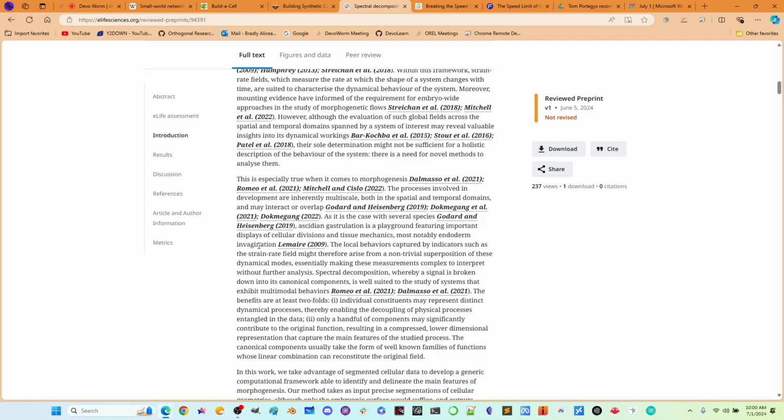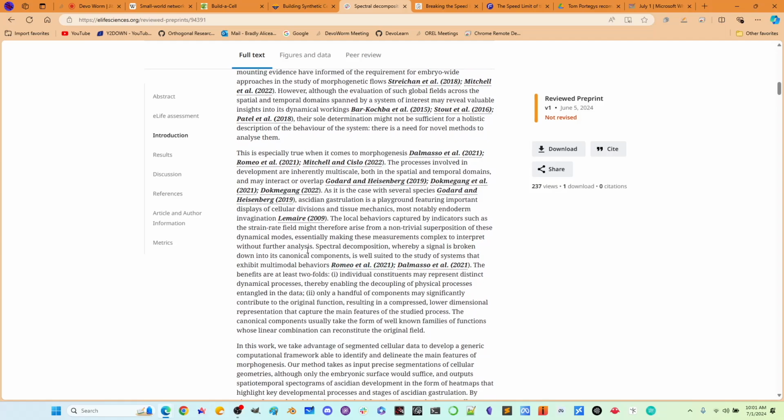So there are these collective processes, collective behavior across cells, that we're interested in, these large-scale movements that are hard to capture using a landmark or feature-based approach. So they're trying to differentiate between local and global behaviors and make distinctions between them.